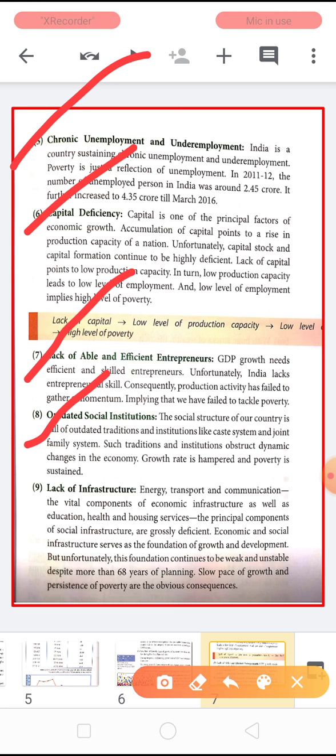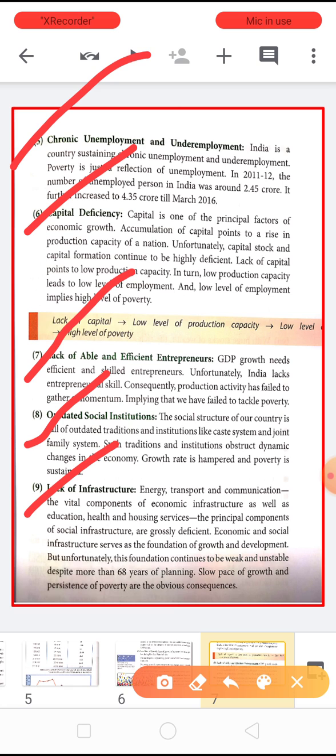Then we have the lack of infrastructure. Lack of infrastructure includes energy, transport and communications. These are the vital components of the economic infrastructure, as well as education, health and housing services, which are the principal components of social welfare.